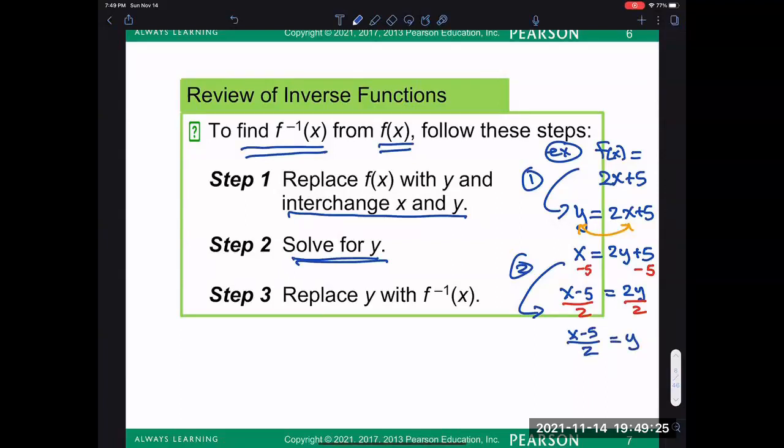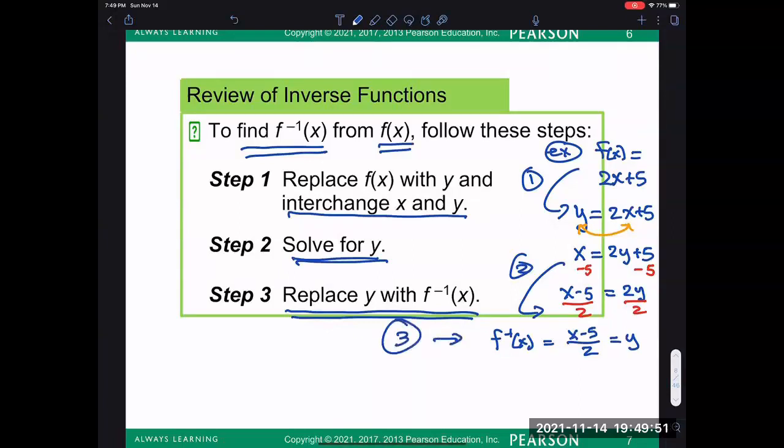So now that is our formula for the inverse function. So we simply would replace y with our new inverse notation. And so that means that x minus 5 over 2 is the formula for the inverse function to the original function that we started with. So that's step 3.